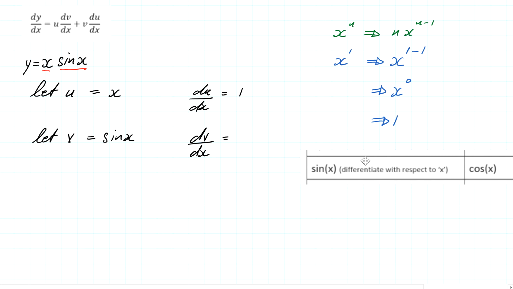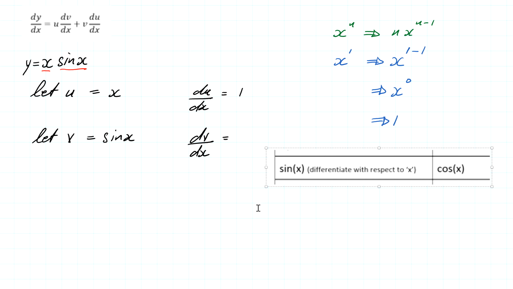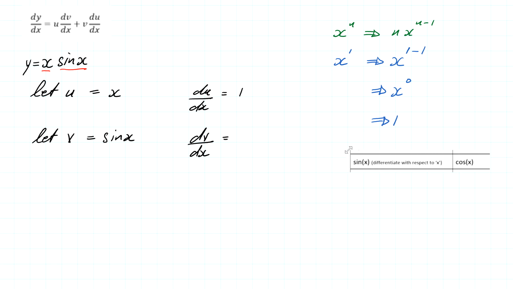So that's the rule. So if we take the derivative of sine x, we get cos x. Okay, so the derivative of sine x is just cos x because we've only got one angle. If there was a number in front of the angle, because x is actually an angle, we would use the next rule down.